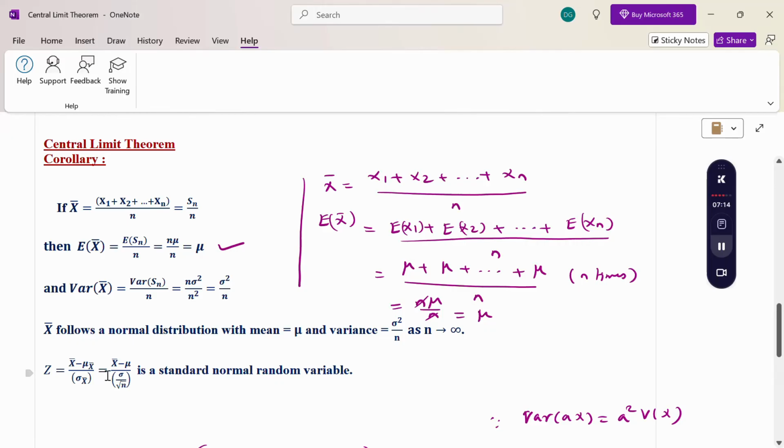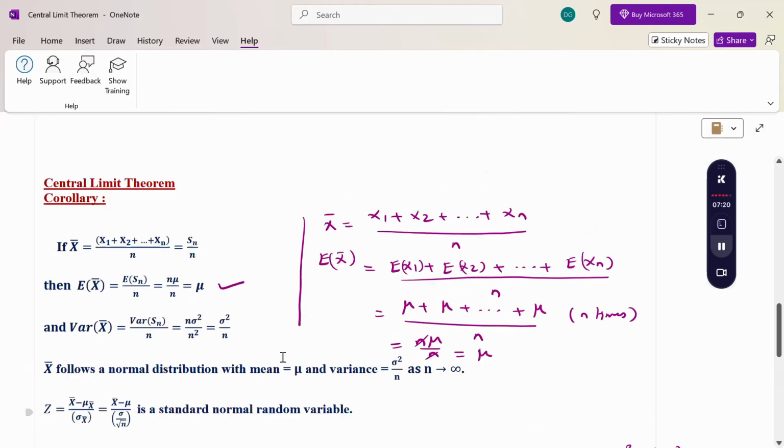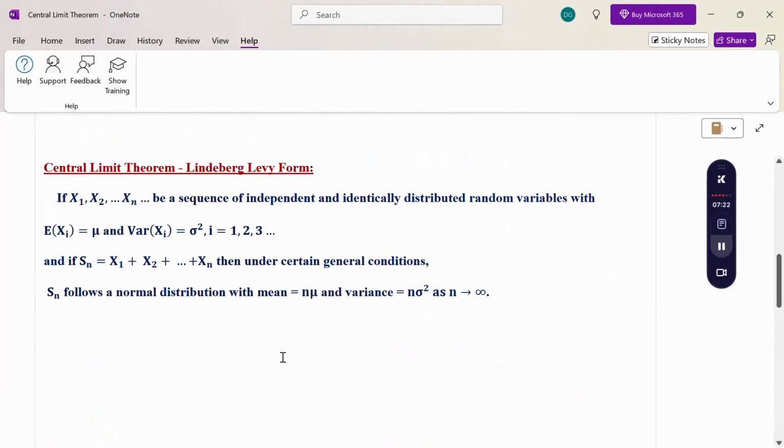Then Z equal to X bar minus mu by sigma by root n is a standard normal variate. This is also the form for Sn. Following the same procedure, when I take the expectation of X1 plus X2 plus etc. plus Xn, I consider n into mu, because of n number of times. And n sigma square is nothing but variance of X1 sigma square, variance of X2 sigma square, up to variance of Xn sigma square.